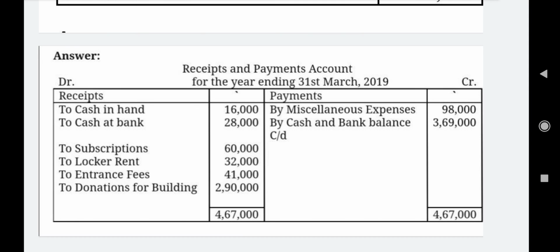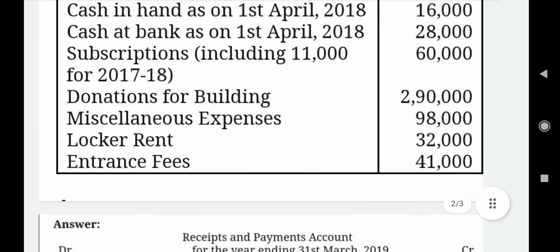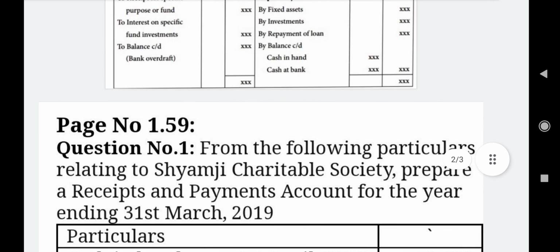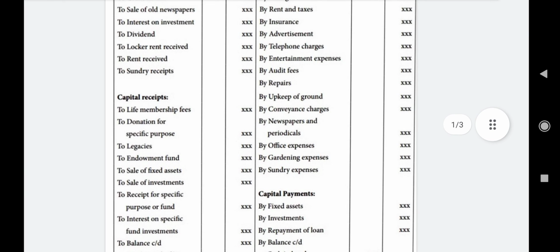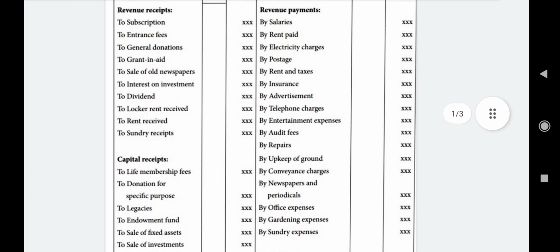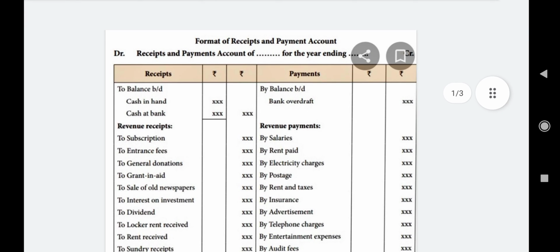Then your debit side total is 4 lakh 67,000, your credit total is 98,000, and the difference is 3 lakh 69,000. Okay, I hope it's clear to you how to make the receipt and payment account for the accounting of non-profit organizations.